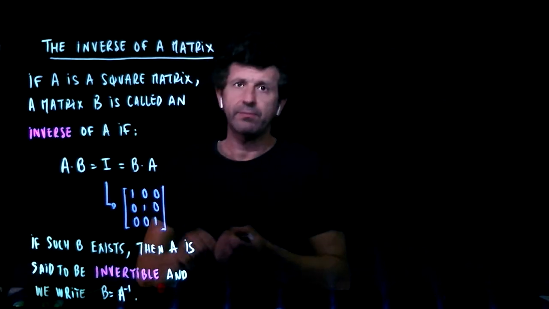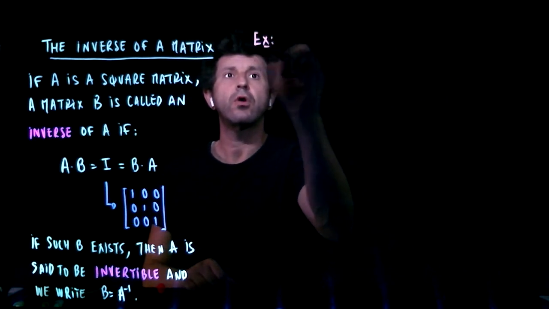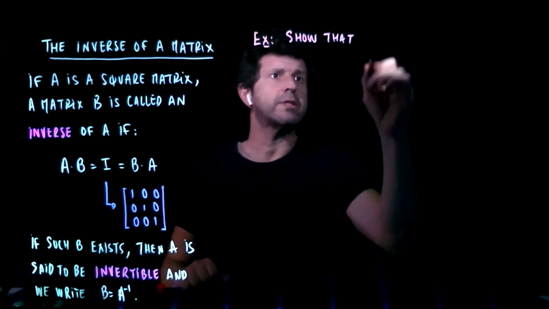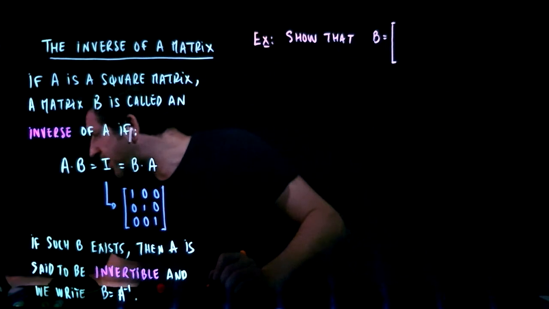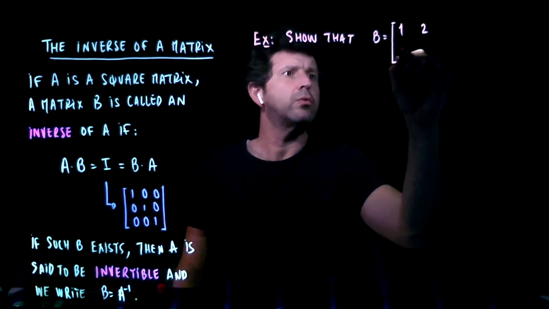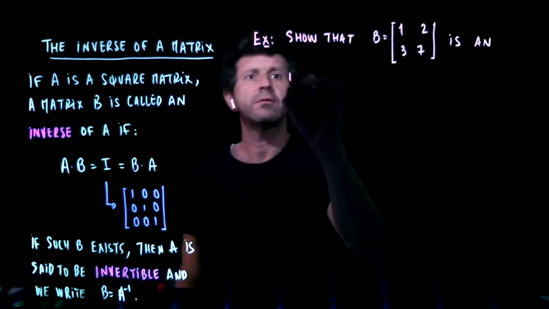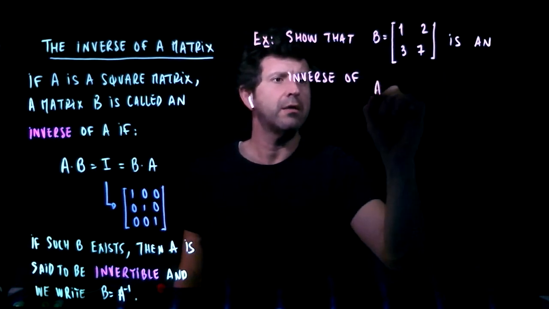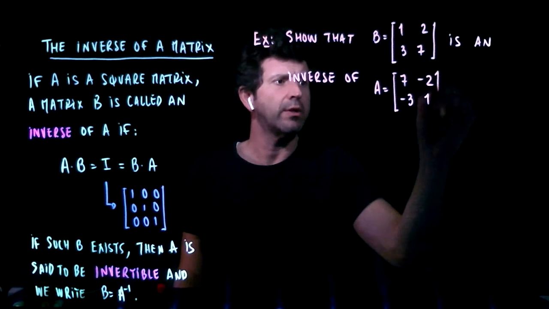Let me give you an example. Show that matrix B, which is 1, 2, 3, 7, is an inverse of A, which is 7, -2, -3, 1.